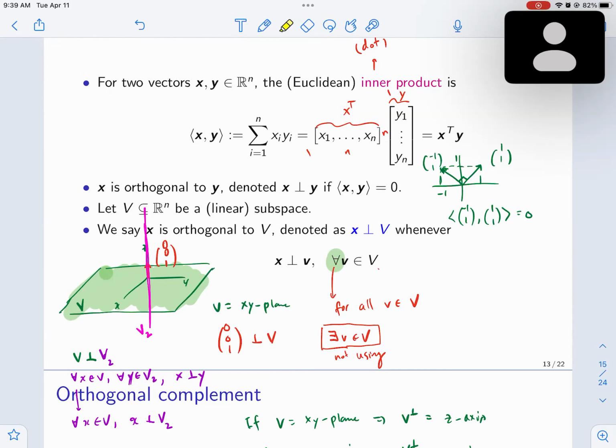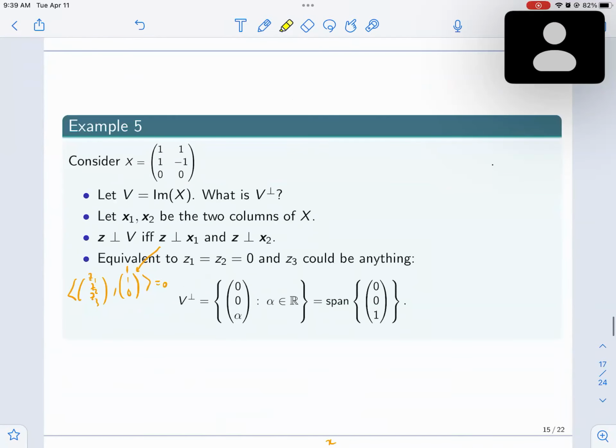And you can prove it or do it the algebraic way by looking, for example, at this matrix, whose image, which is the span of the columns, is the XY plane.